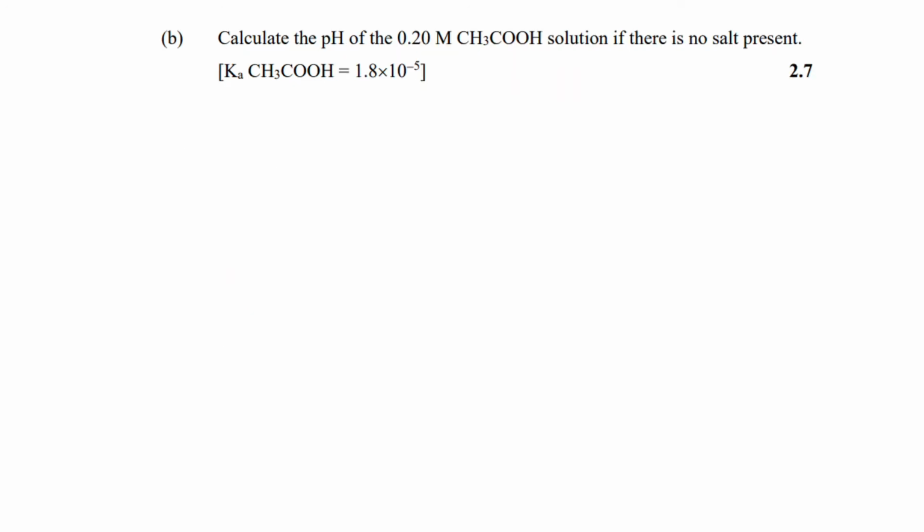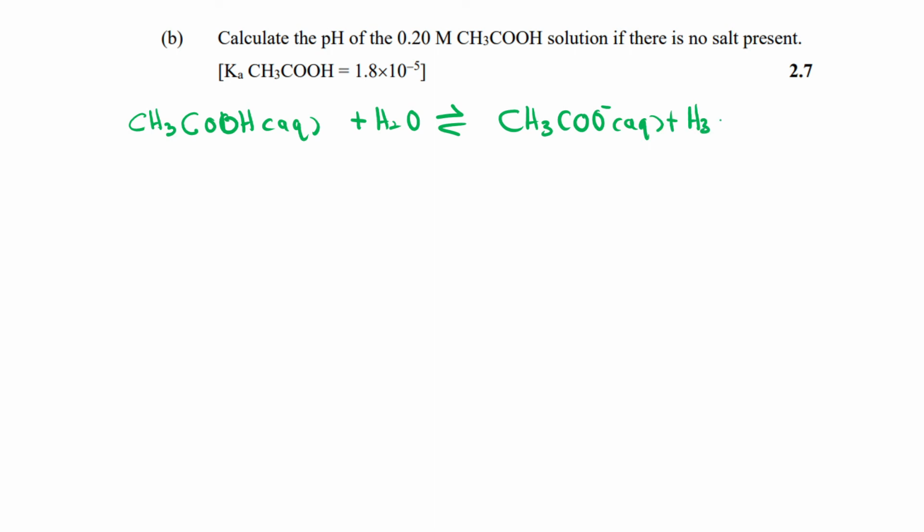Next, calculate the pH of the solution if there is no salt present. Jadi kalau no salt present, kita tak boleh gunakan pH buffer solution. Kita perlu buat dissociation of acetic acid. Gunakan ice table. So we write equation acetic acid plus H2O produce acetate plus H3O plus aqueous.